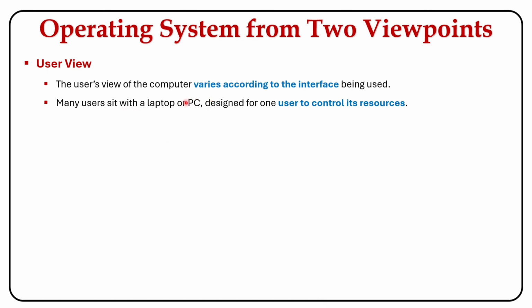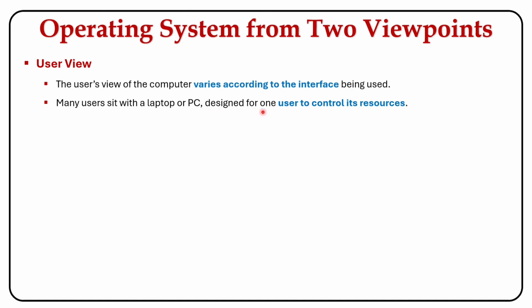Let's consider personal computers and laptops. Most users work on a personal computer or laptop where one user controls all the system resources. For example, when you open Microsoft Word or browse the internet using Chrome, or if you're watching a video, the operating system manages these tasks for a single user.